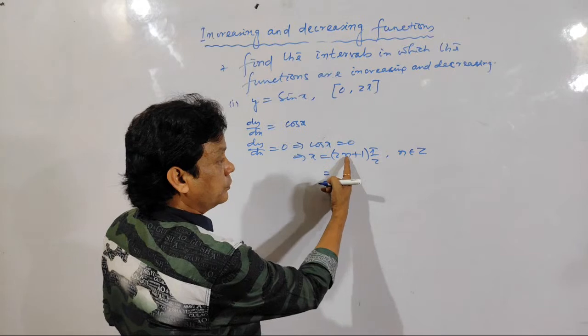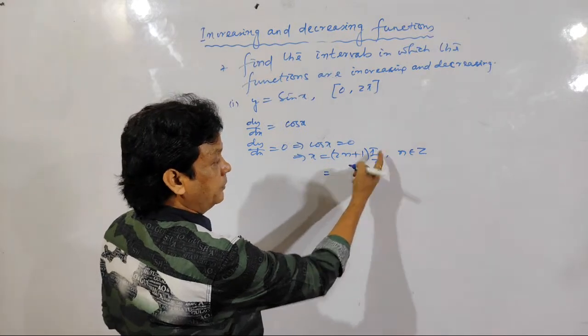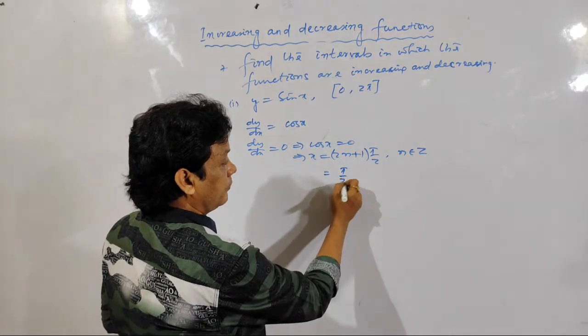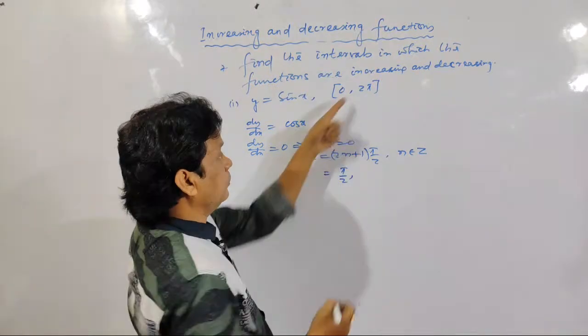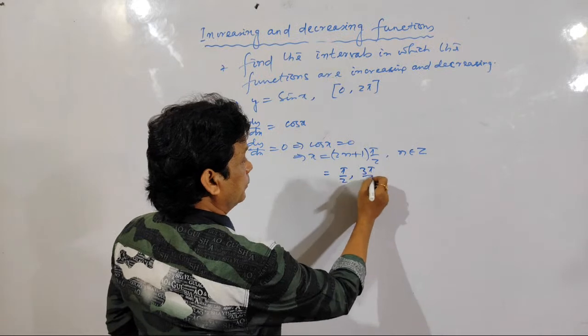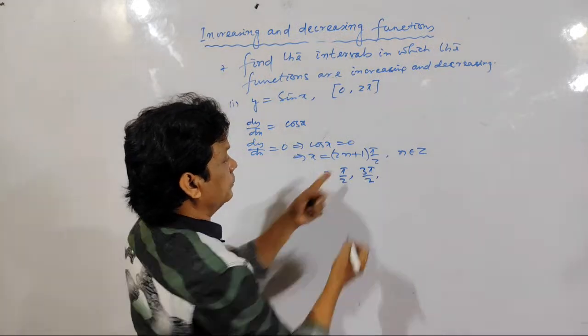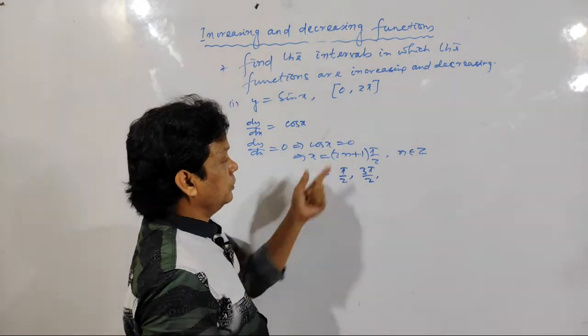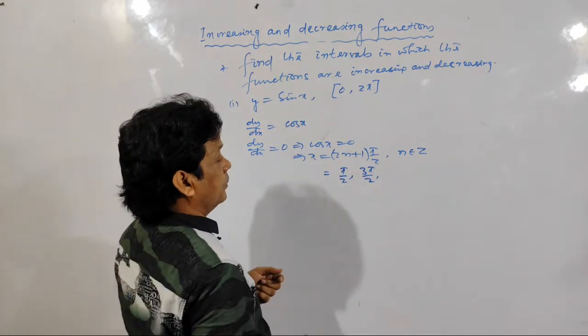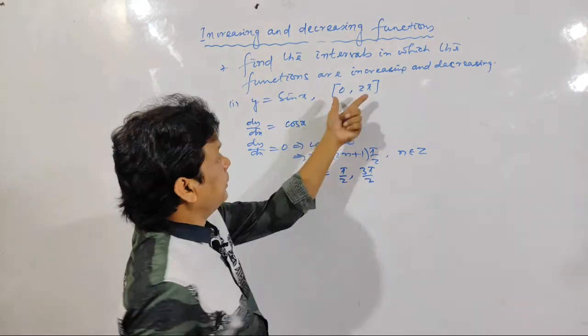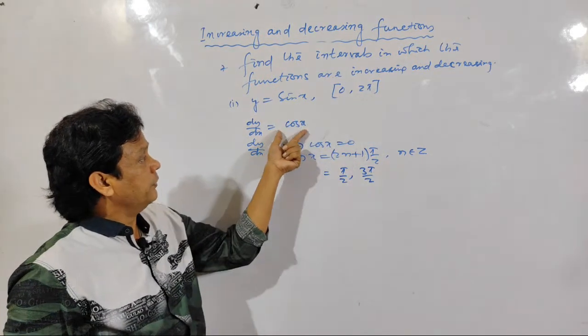If you put n equal to 0, it will be pi by 2. Then if you put n equal to 1, it will be 3 pi by 2. These are the 2 points. Then if you put 2, it will become 5 pi by 2. Clear? So these are the 2 points in between 0 and 2 pi where the derivative is 0.